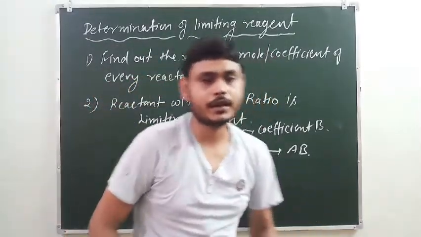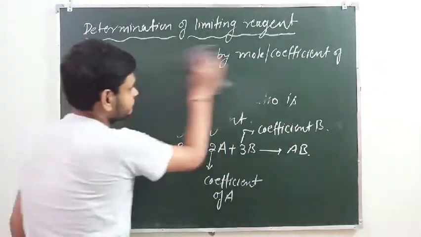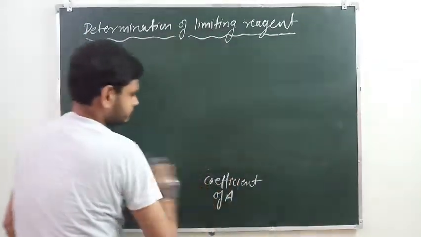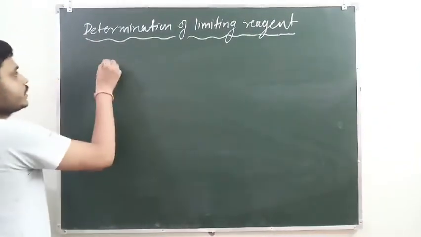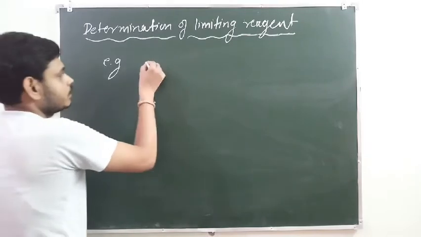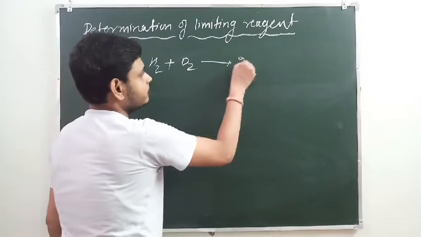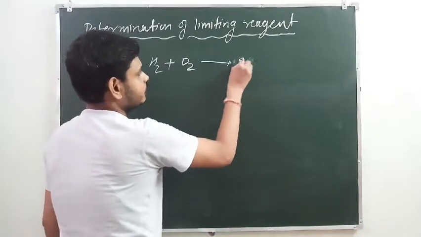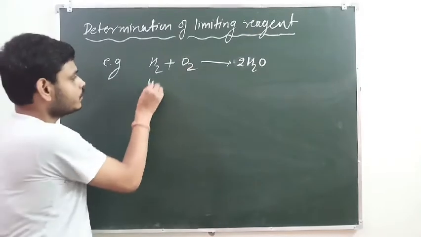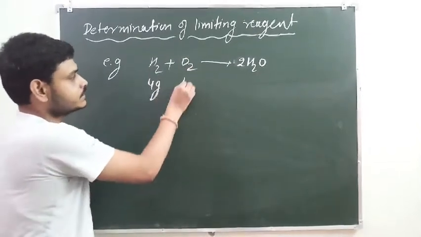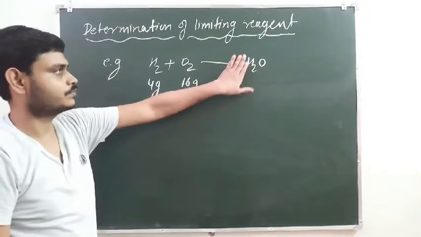Now, how to calculate the limiting reagent? For example, in the question, 4 gram of hydrogen reacts with 16 gram of oxygen to form H2O.